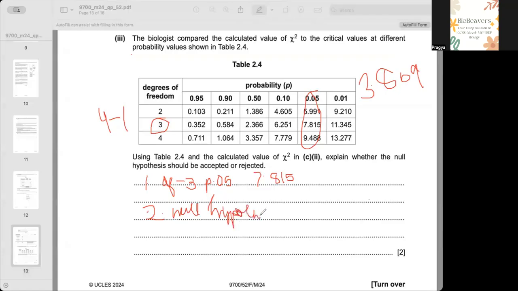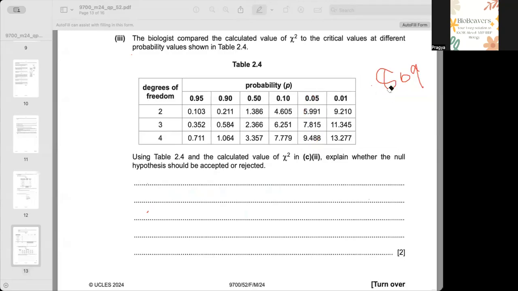Please, guys, if you give this data, it is presumed that it is accepted. Please do not presume it this way. The null hypothesis has to be accepted, and you have to write that statement very clearly.